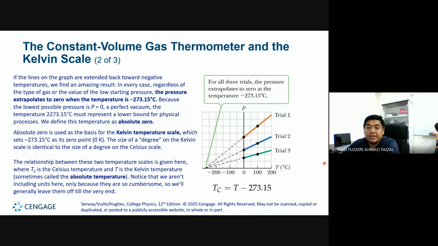So absolute zero is used as the basis of the Kelvin temperature scale. We as researchers or scientists use the Kelvin scale a lot. That's why the SI unit for temperature is Kelvin. All scientists in the world, when we talk about temperature, in some parts of the world, like Malaysia, we use degrees Celsius, but in some parts of the world, maybe in Europe or the West, for instance the USA, they use Fahrenheit.